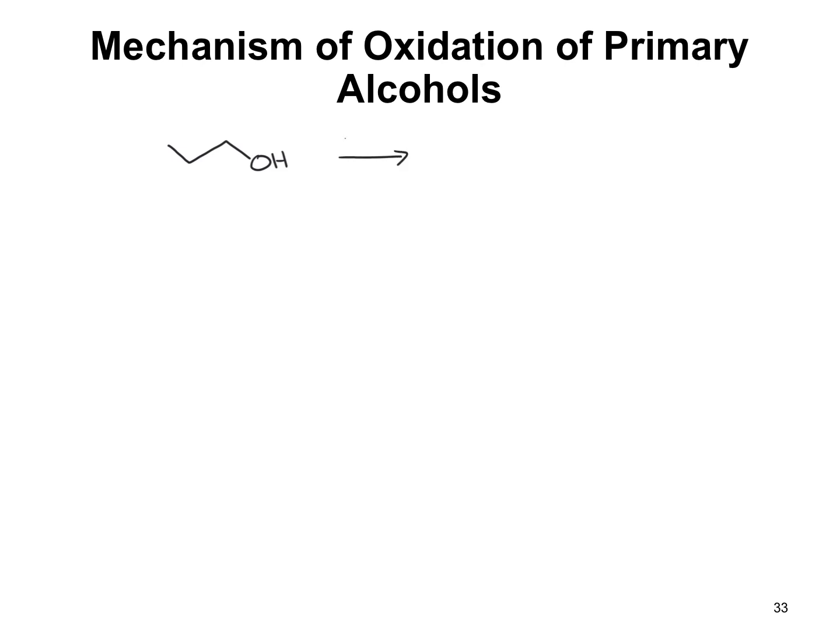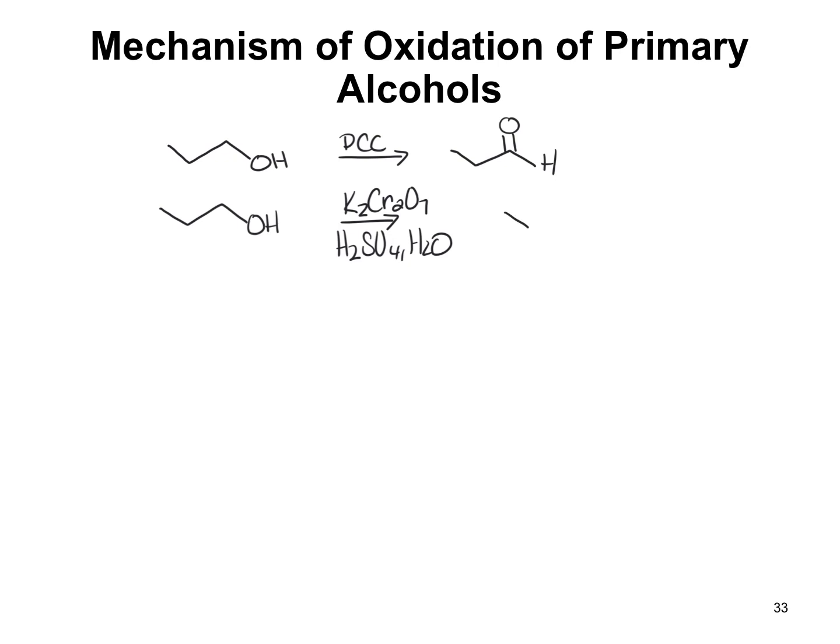If you use PCC, you get an aldehyde. If you use the chromate complex, you get a carboxylic acid.